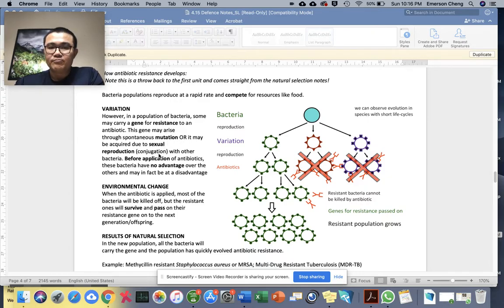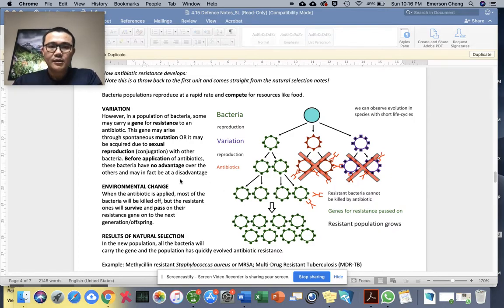But if there's no application of antibiotic, these bacteria have no advantage, and may in fact be at a disadvantage. The reason it will be at a disadvantage is, why on earth produce a certain protein which takes energy and resources if it's not really useful or necessary?